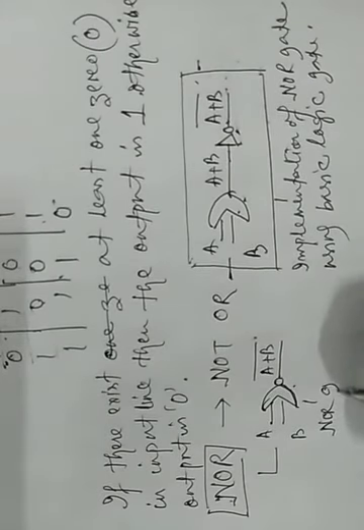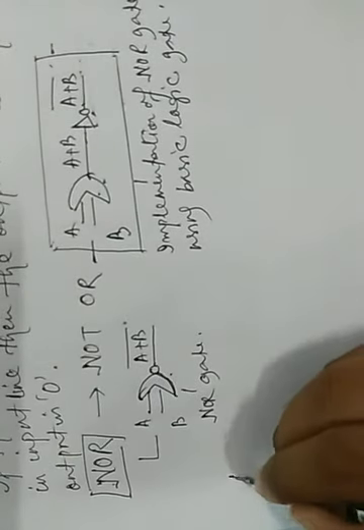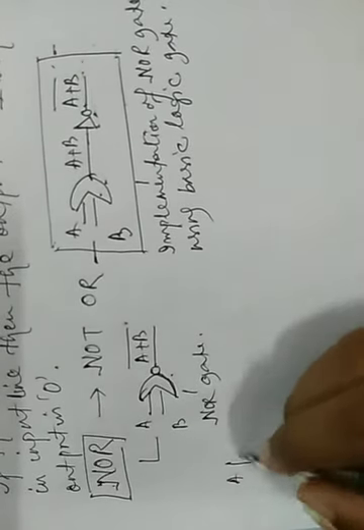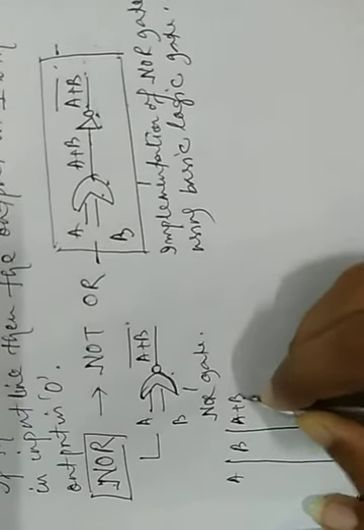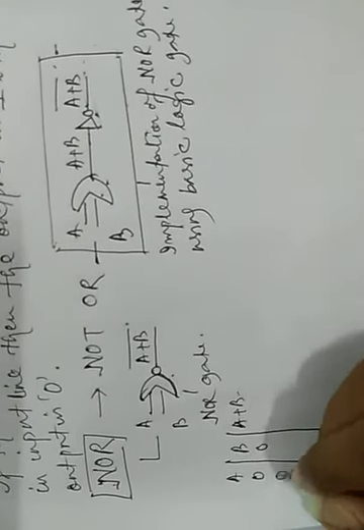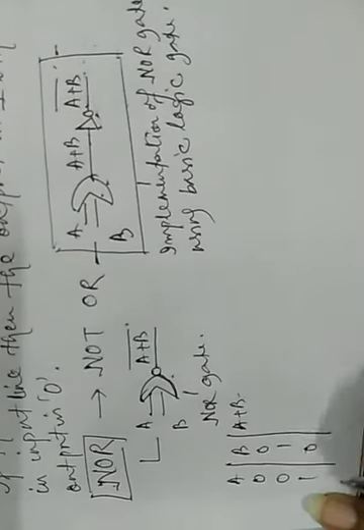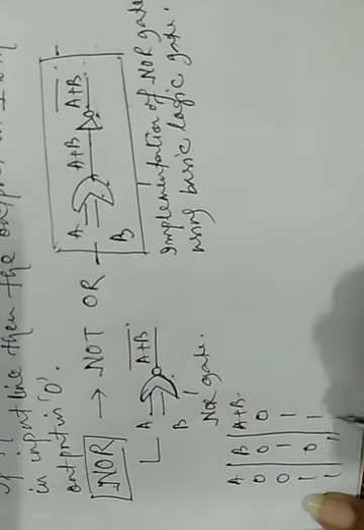Now let us see the truth table. The truth table has A, B, two variables. At first A plus B, that means 0 0, 0 1, 1 0, 1 1. According to the OR gate, if there exists a 1, then the output is 1.